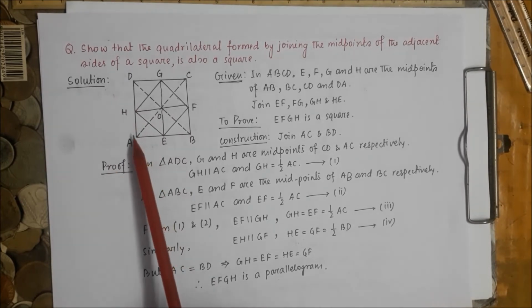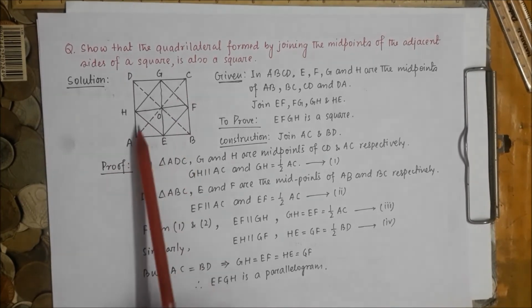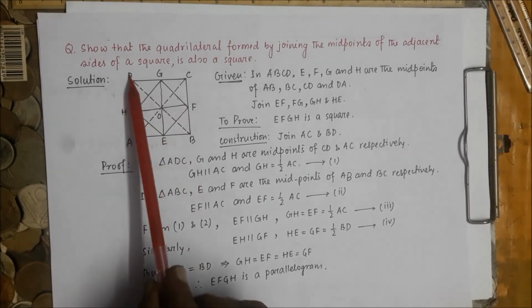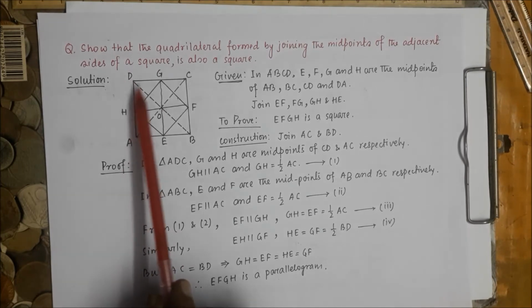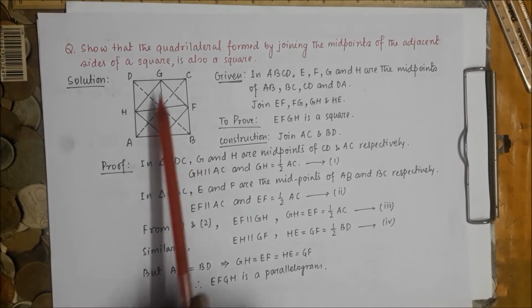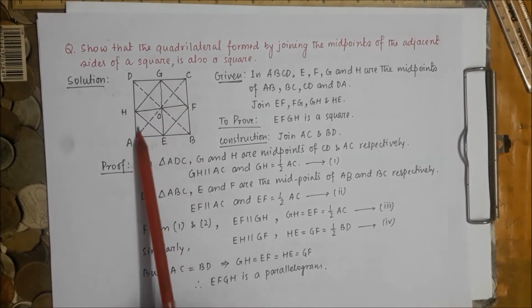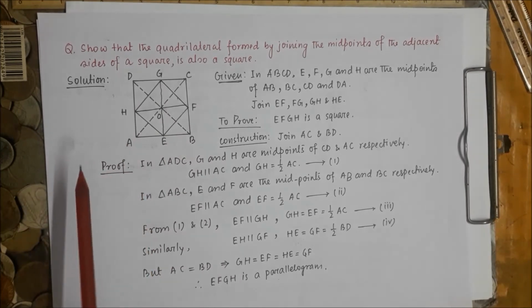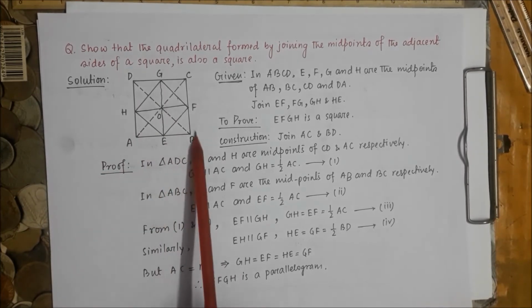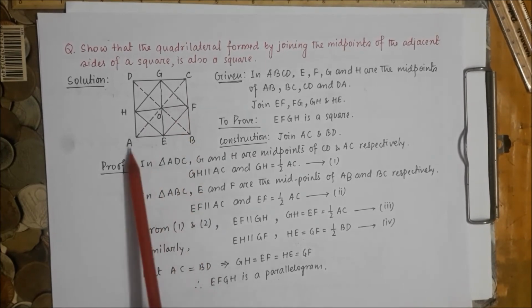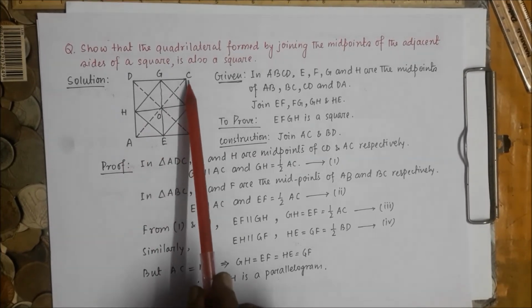Now look at the triangle ADC. In the triangle ADC, G and H are the midpoints of the sides AD and DC respectively. So we can say that GH is parallel to AC and GH is half of AC. In triangle ABC, E and F are the midpoints of AB and BC respectively.